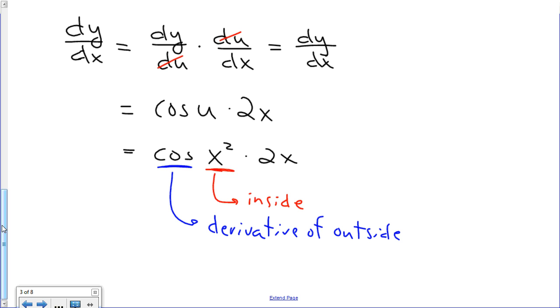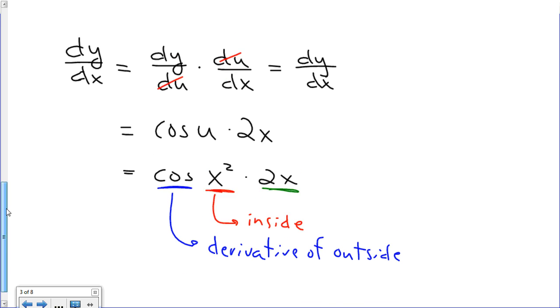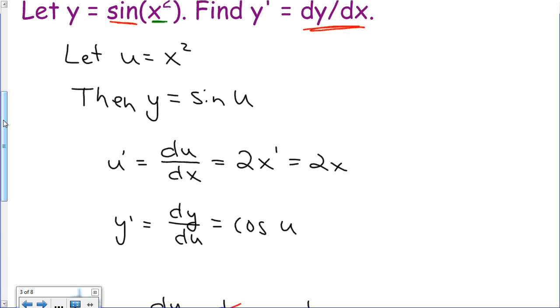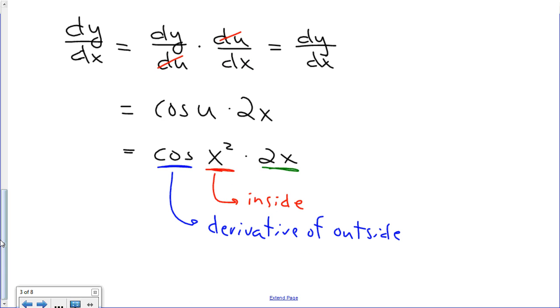But then we multiplied that by 2x. The way we got 2x, to go back here, I said that u was equal to x squared, and the derivative of u, or du dx, was the 2x. So that's the derivative of the inside function.